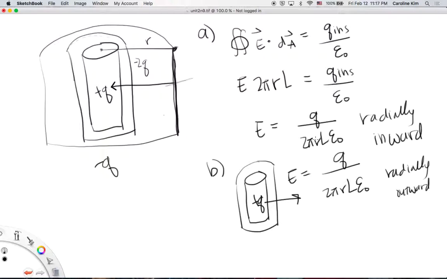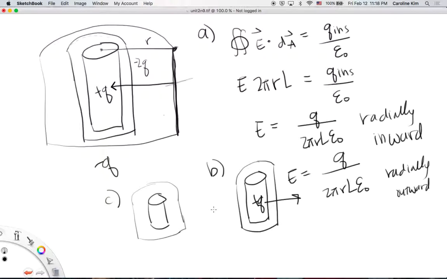So for this, if we have our system here of a cylinder and the shell around it, we're going to draw our Gaussian surface right on that shell, like that really thin border between the inner surface and the outer surface.